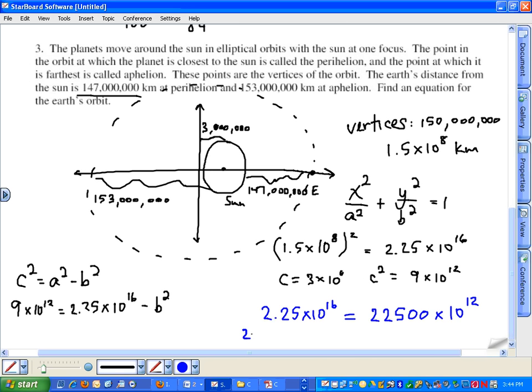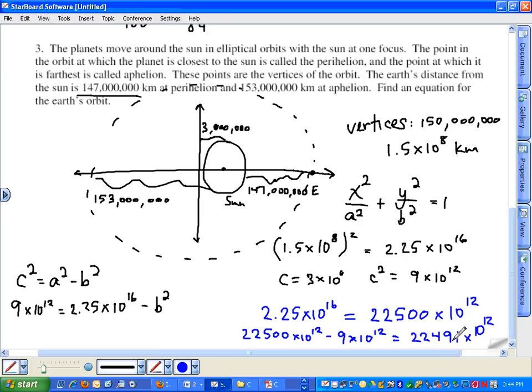So if I have 22,500 times 10 to the 12th, and I subtract 9 times 10 to the 12th, that results in 22,491 times 10 to the 12th.